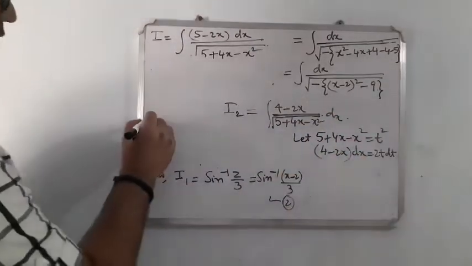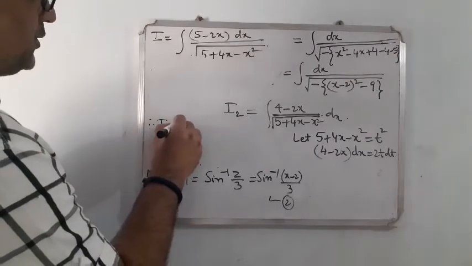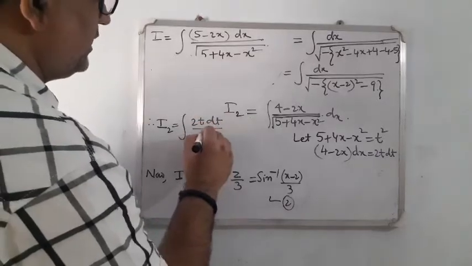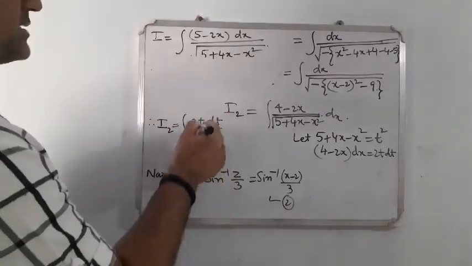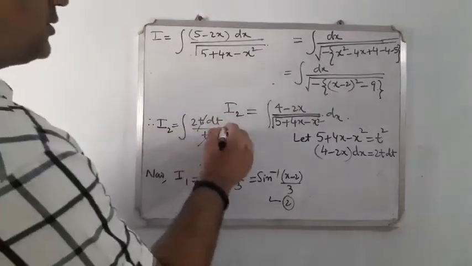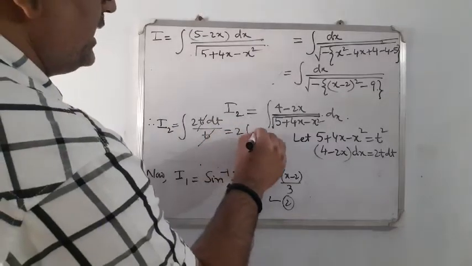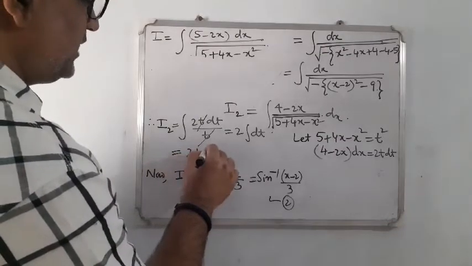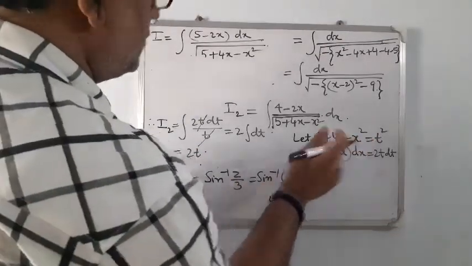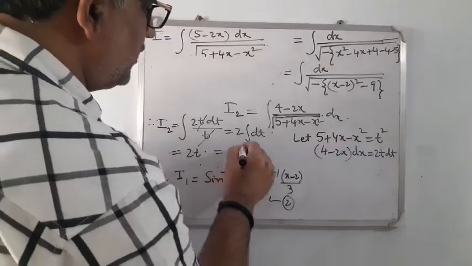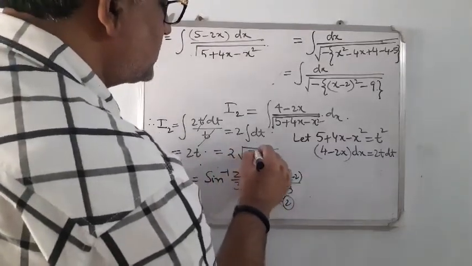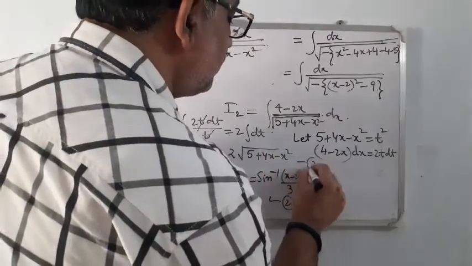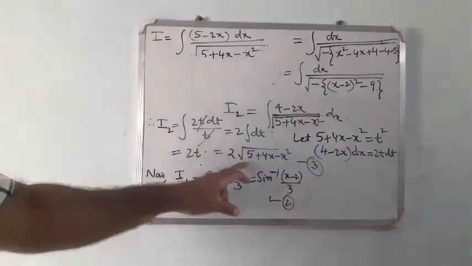Therefore I2 is equal to integral 2t dt divided by t. You will find this t cancels out. So 2 comes out. So 2 integral dt, and the integral of dt is t, that is 2t, and the value of t is root over 5 plus 4x minus x square, so 2 into root over 5 plus 4x minus x square. This is number 3. So you will get the value of I2 also.